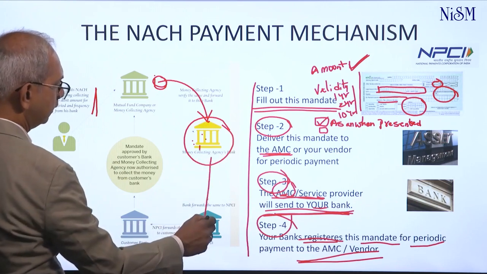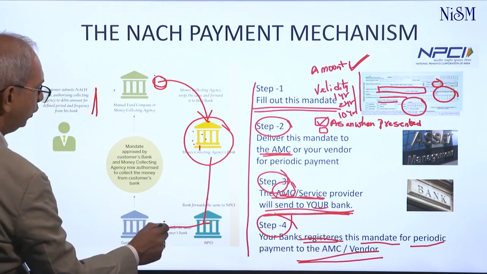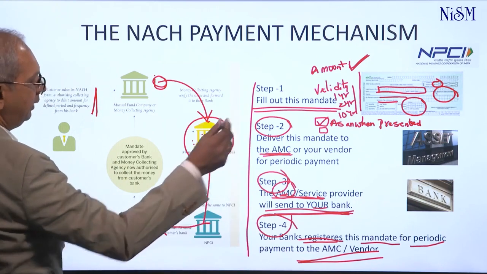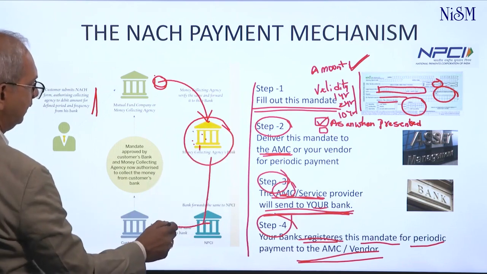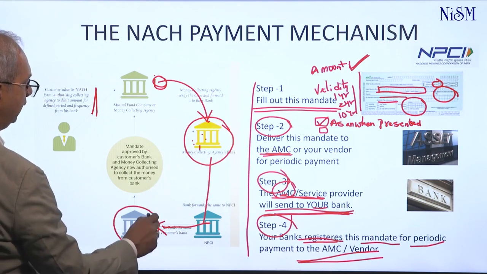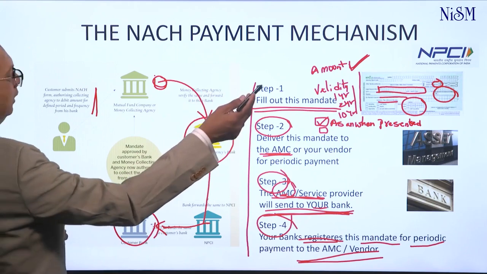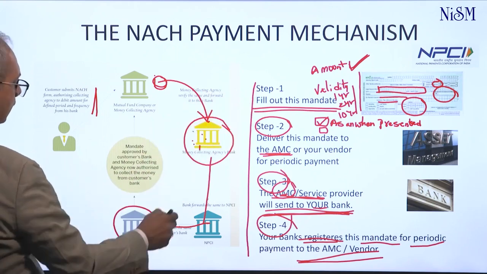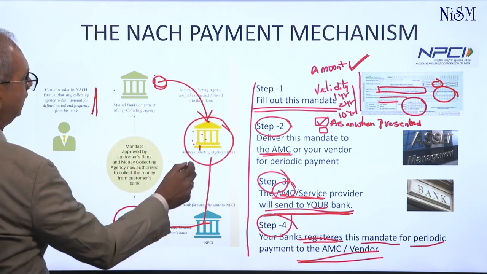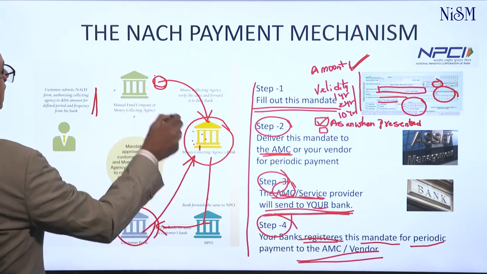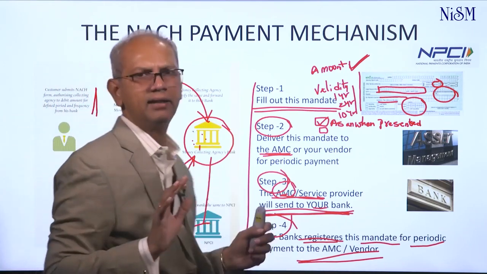Then this mandate is going to go to your bank. Once it is registered, the NPCI will register it and send these instructions to your bank periodically or as and when presented. Then your bank is going to settle the monies to the AMC's bank, and that's how the entire transaction is over.